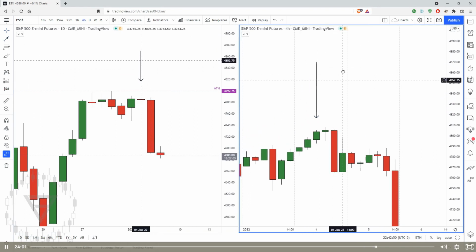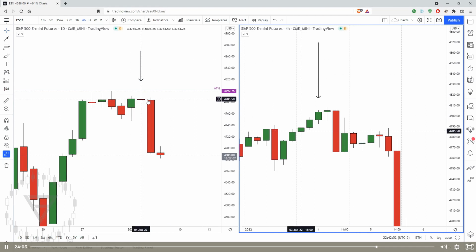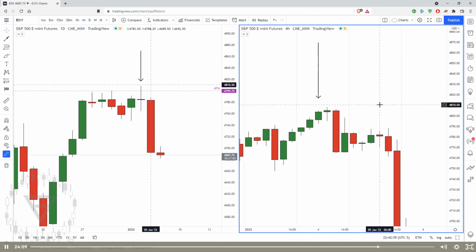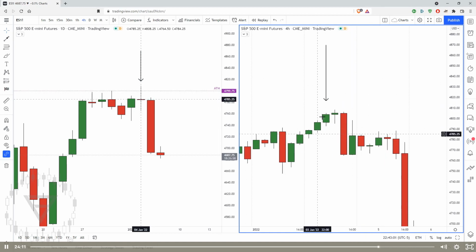So we are interpreting this day. As you can see, we had the daily candle right here, bearish. And then if we go into here on the 4-hour chart, we can see how we have 1, 2, 3, 4, 5, 6 4-hour candles.